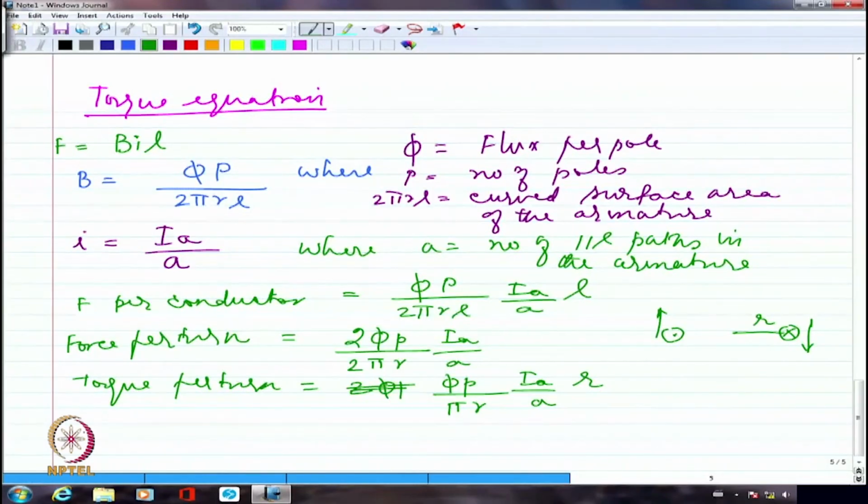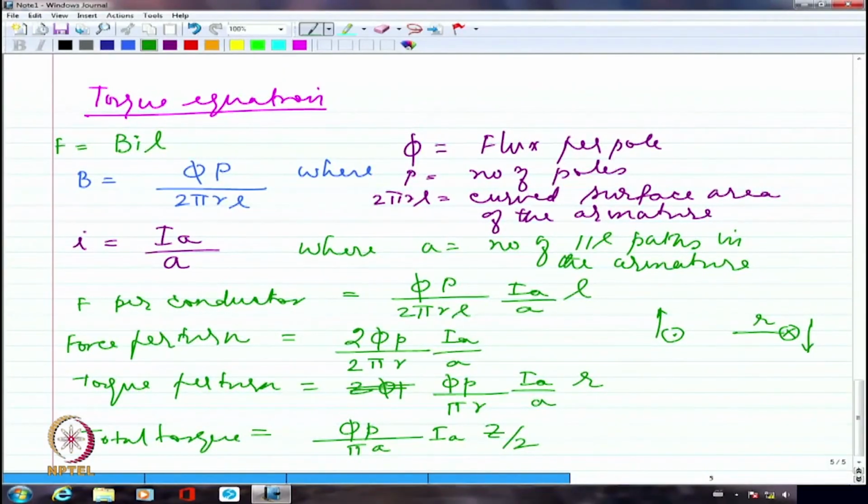So the total torque, I can get this as phi P divided by pi A, multiplied by IA, multiplied by Z by 2. The total number of conductors are actually looked upon as the total number of turns, so I have to say Z by 2.